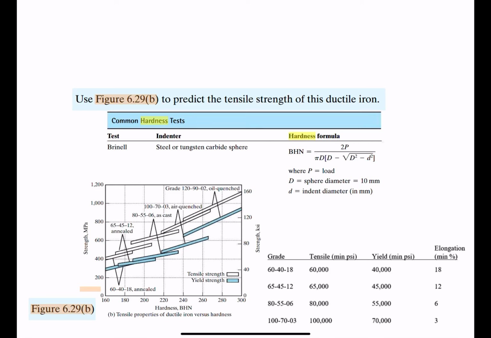Okay, so what do we have here? We've got some tensile strength value information in megapascals that we're used to. Other units are also an option depending on the literature you're reading or the age of your load frame. And then the hardness values, BHN, are reflected along the x-axis. What we're looking at in the graph are some properties for ductile iron, and the naming scheme is pointing.